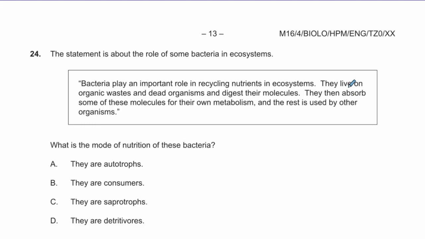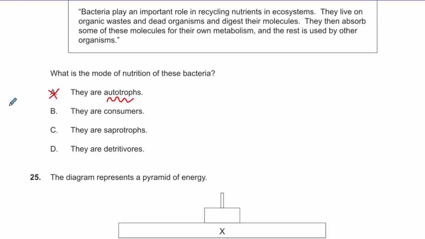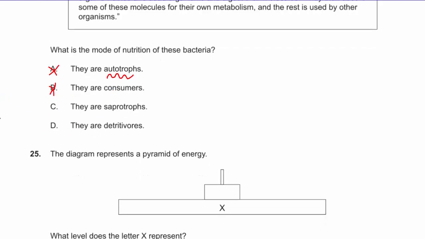So they are not autotrophs, because then they would use sunlight or maybe sulfur or something inorganic. They are consumers. Well, consumers kind of eat living producers often, so you wouldn't say they are consumers. They are saprotrophs. Yes, they are.